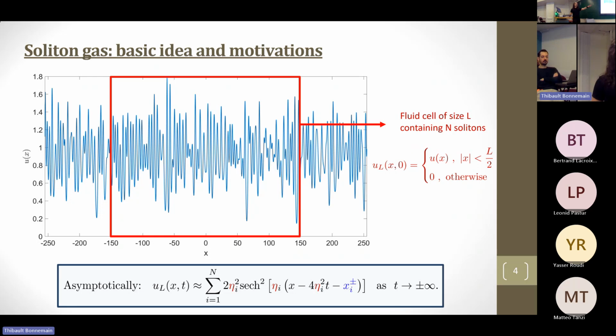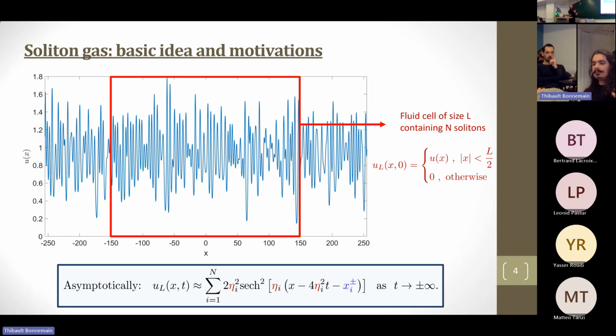This linear superposition of solitons would not hold at that time, which it does not, but let's pretend it does to give an interpretation to this. And what's nice here is that these n couples of spectral and impact parameters are enough to completely and uniquely specify u_L at all times. Okay. So that's the main point here.